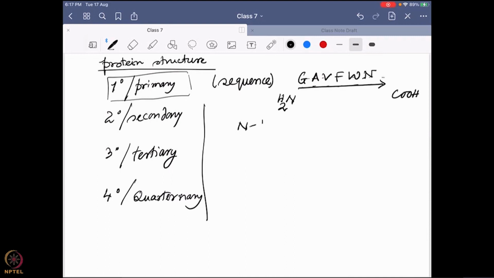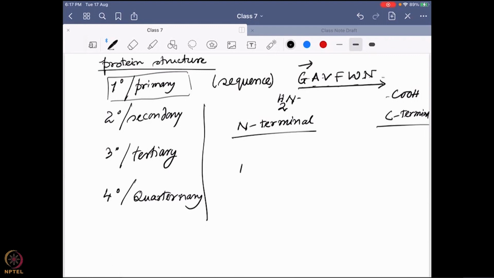So this is known as the N-terminal, and this is known as the C-terminal. Anything you are drawing automatically from left to right, it is the N-terminal to C-terminal. That is how we draw. So what do I mean by free amine group, free carboxylic acid group, or N and C terminal respectively?